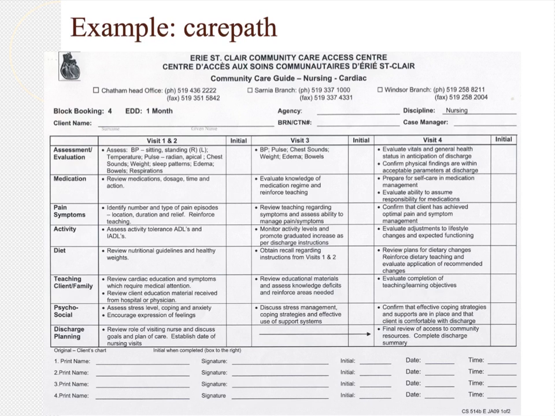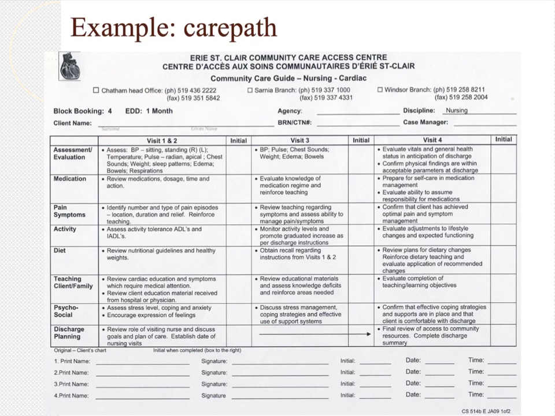They had a standard for visits unless there were unresolved issues, and it outlines what the nurse needed to do in visit 1 and 2, what the nurse needed to do in visit 3, and again what the nurse needed to do in visit 4. You initial the box to the right when it was completed. If it was outside of normal, that's when they would need to chart into a progress note.